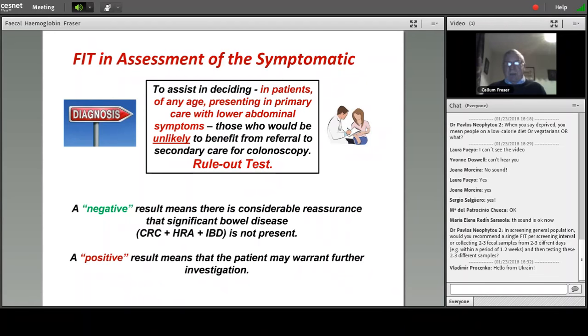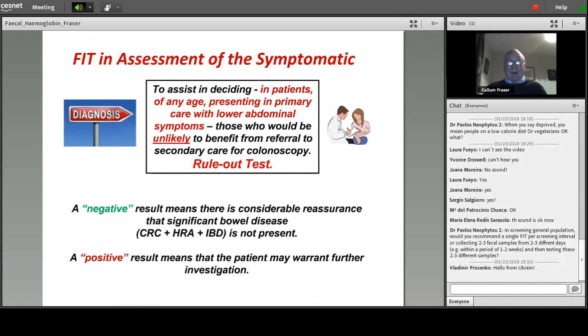So, in our view, FIT in assessment of patients with symptoms is used to decide in patients of any age, not age limited, presenting in primary care with lower abdominal symptoms, identifies because of the negative predictive value those who would be unlikely to benefit from referral to secondary care for colonoscopies.